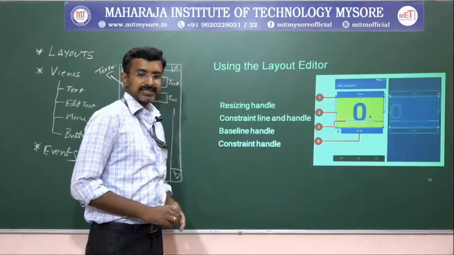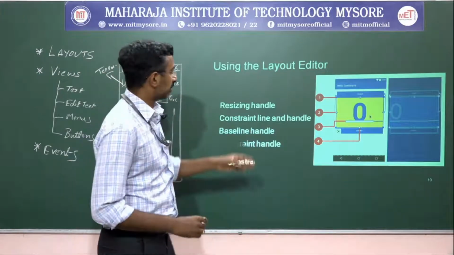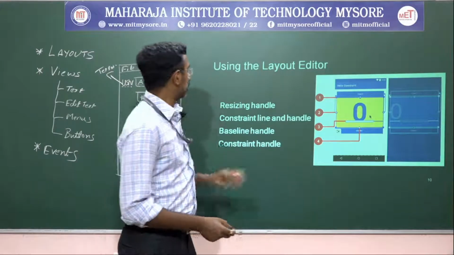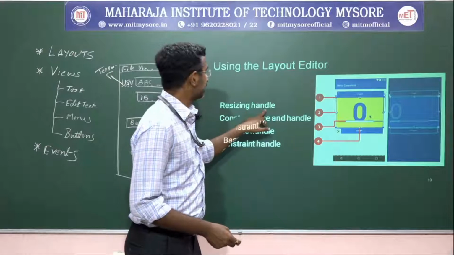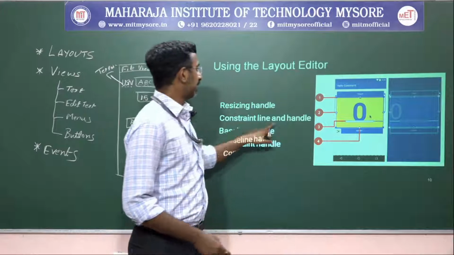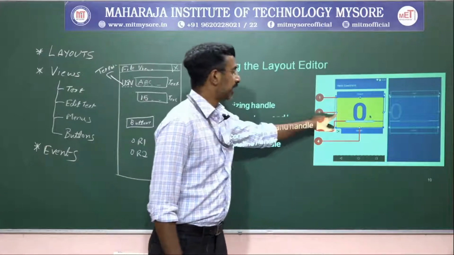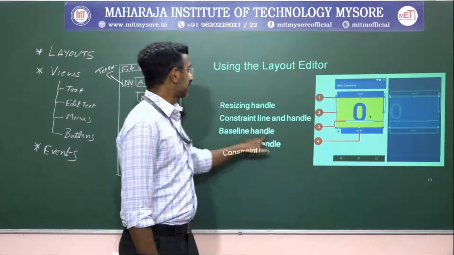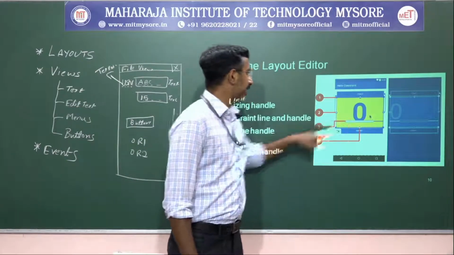Now, considering a particular view, what all things does it consist of? Consider this is a counter view. You can resize it using the resizing handle. This is your constraint line and handle. This is your baseline handle.